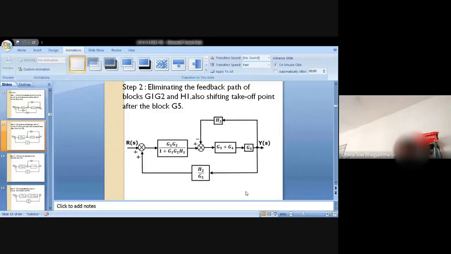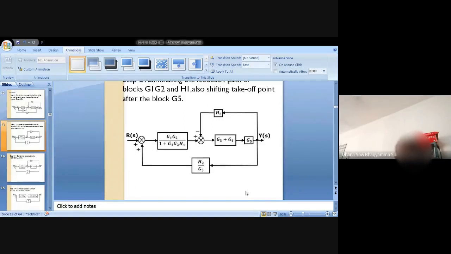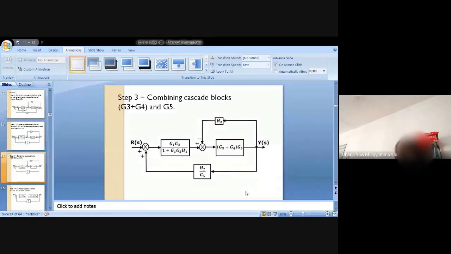I'm going to step number 3, combine the cascade blocks, and you will get G5 into G3 plus G4.